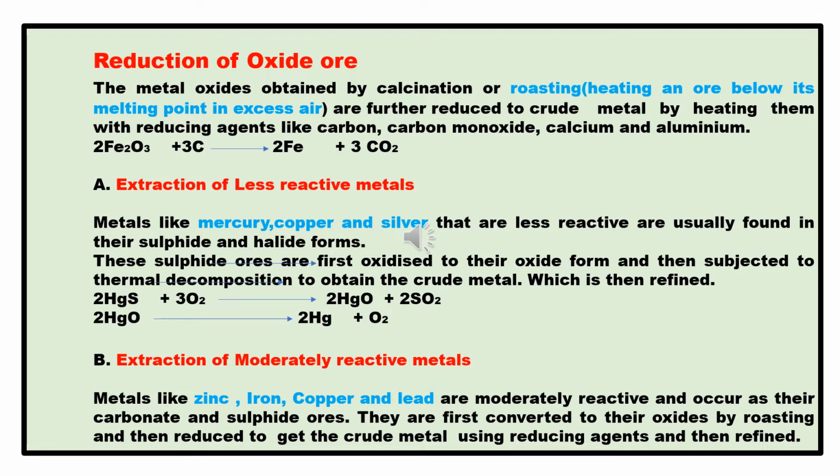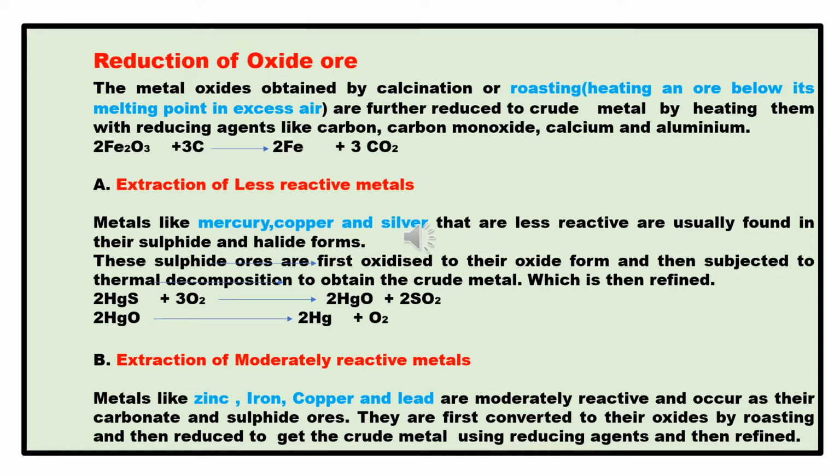Sometimes as carbonates and some more as sulfide ores. They are first converted to their oxides by roasting or by calcination, and then reduced to get the crude metal using reducing agents, and then refined.